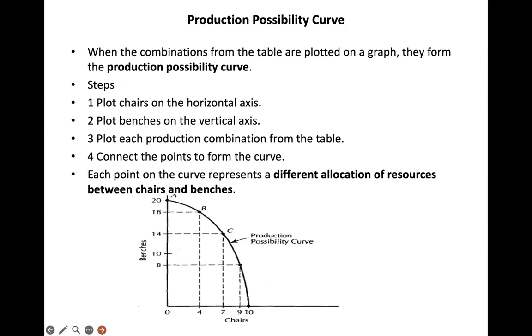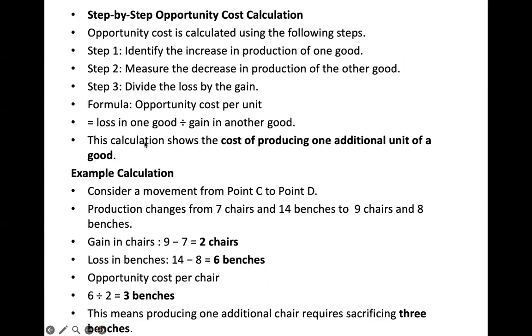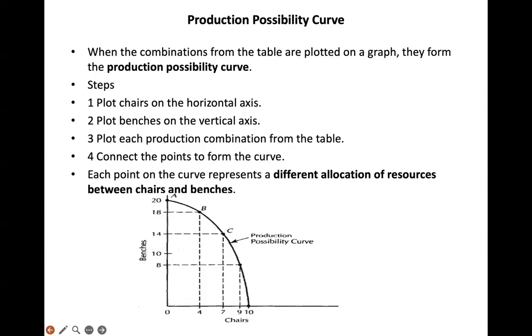But the formula is saying that, first of all, you need to identify the increase in production of one good. So moving from D to C, where would the increase lie? It will lie on the benches, but the losses will be on the chair.